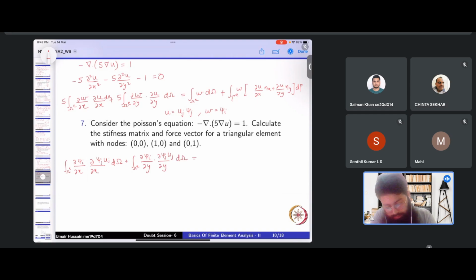And here I'll just transfer this 5 here, thus we have this boundary term.